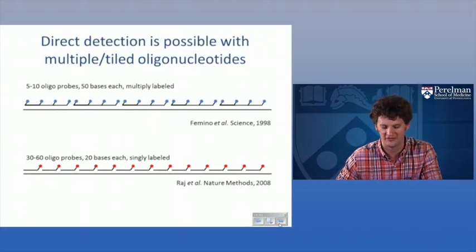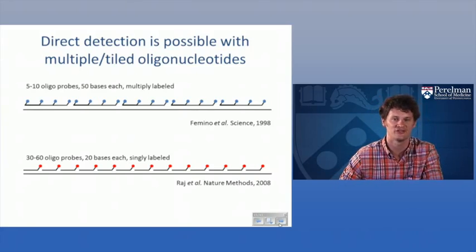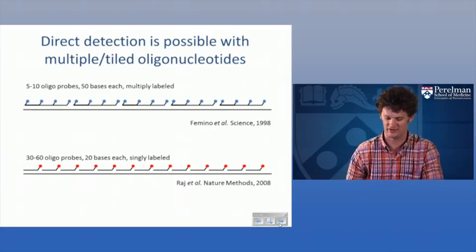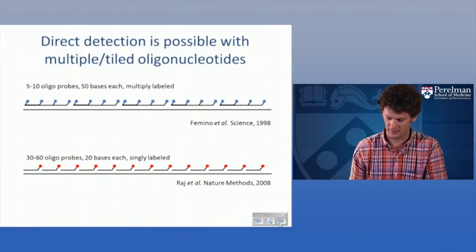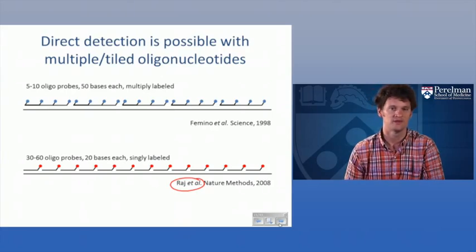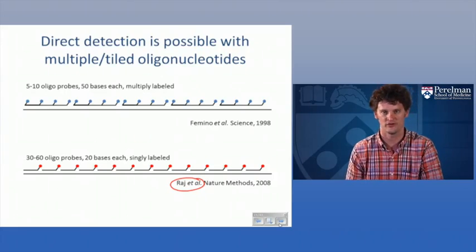Right, so the classic method for direct detection-based FISH is to use these tiled sets of oligonucleotides, and there are two approaches, and they both work fairly well. I mentioned Arjun Raj, who's at Penn, who was one of the developers of this method, where you have essentially 30 or more, and it apparently works down to about 20 probes, each complementary to a different part of your messenger RNA.